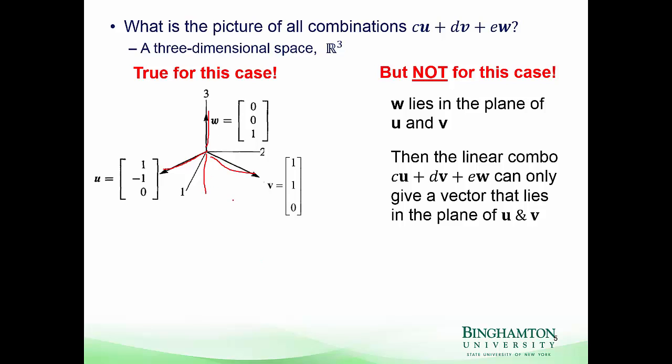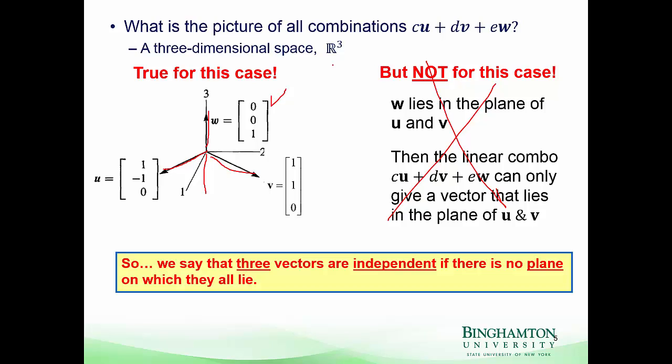So if W were to also lie in that plane, then I'd only be able to create things in that plane. I have no component that sticks out of the plane, and so anything that lies out of that plane is unbuildable. So for this case, I would not be able to build R3, but for the first case, I can build all of R3 through linear combinations.